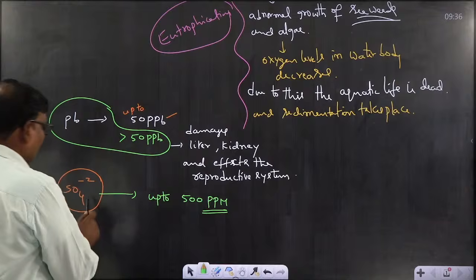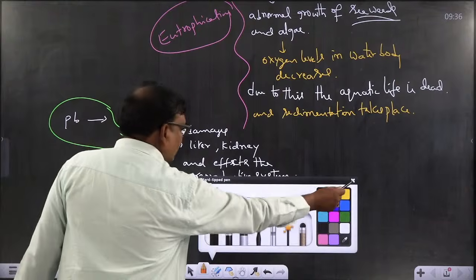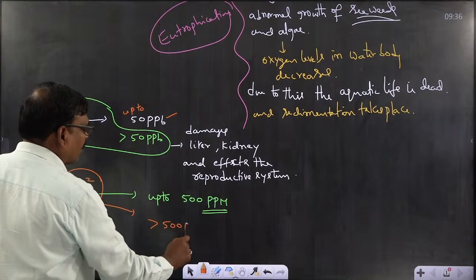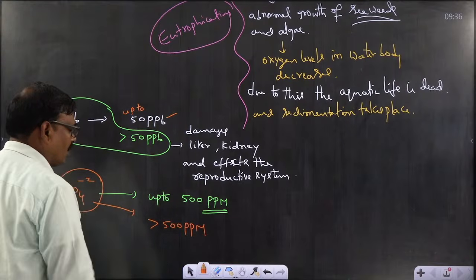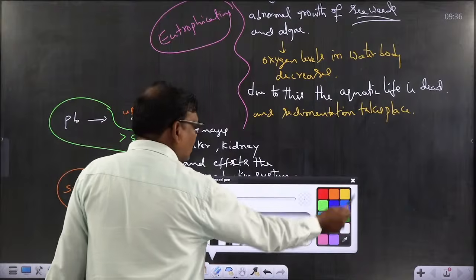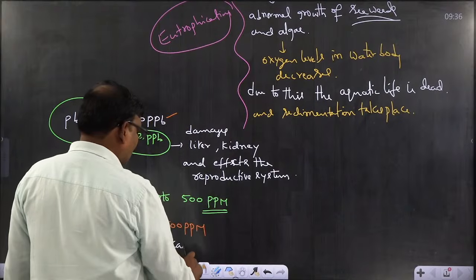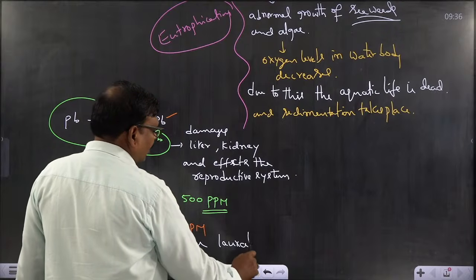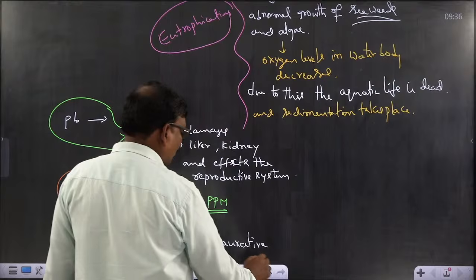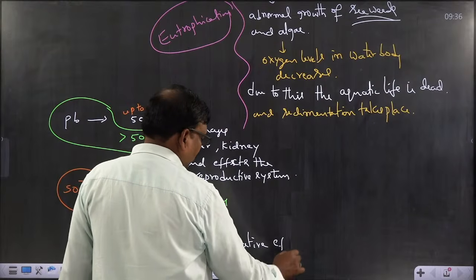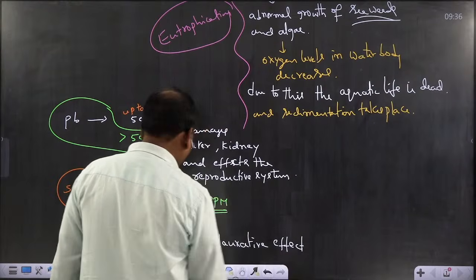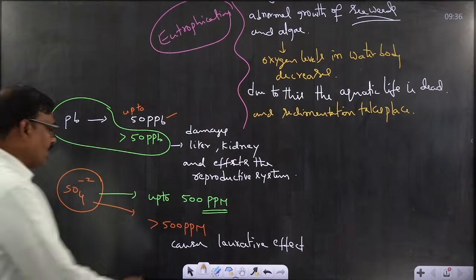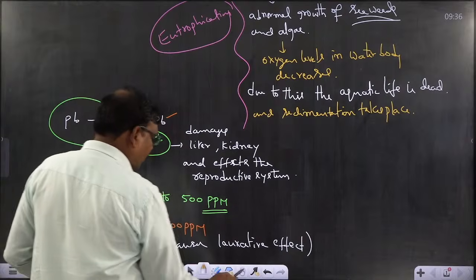If its concentration is greater than 500 ppm, it causes a laxative effect. Laxative effect means motions will take place. So by taking water with a high level of sulfates, it creates a laxative effect.